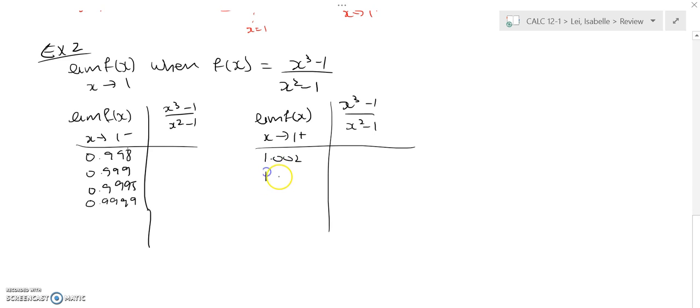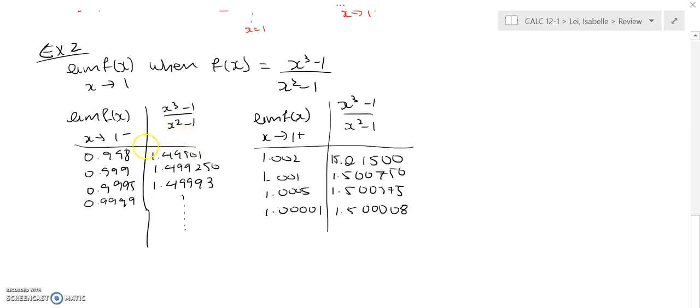So we're going to do 1.002, 1.001, 1.0005, just getting all the way closer to 1 and never actually reaching 1. We want to see if these two tables will converge to the same number. So you can take the time now to calculate both the left hand and the right hand side, and then I'll just plug in the numbers.